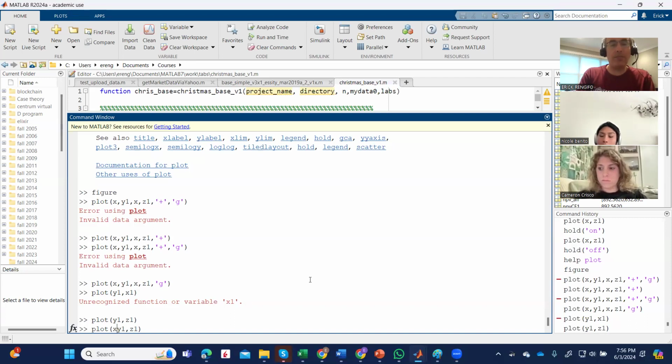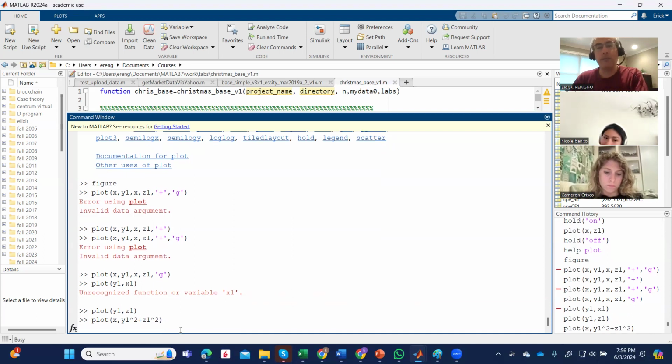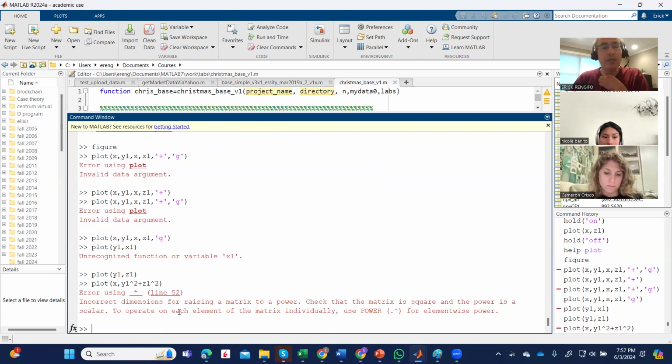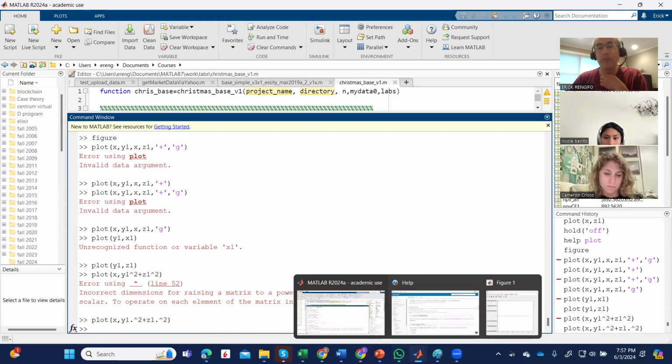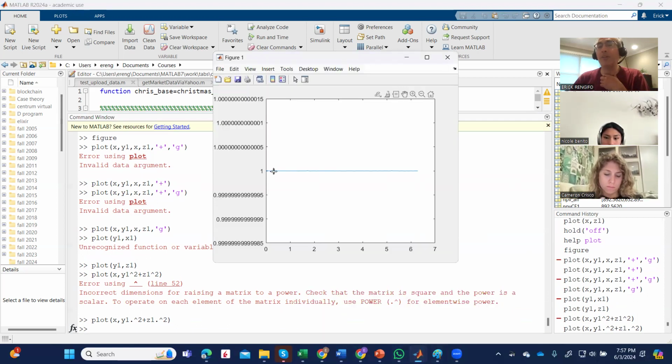Okay, so the second one was we want to plot x versus sine of x, so I want this squared plus this one here, cosine squared. Do you agree? So this is sine squared plus cosine squared. Of course, we need to use the dot, it is element by element. Here you go. Do you remember?